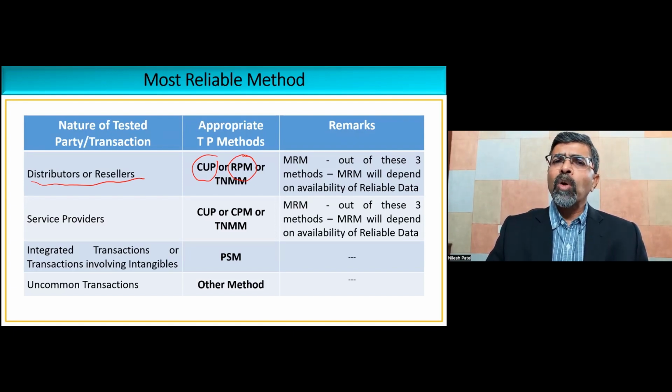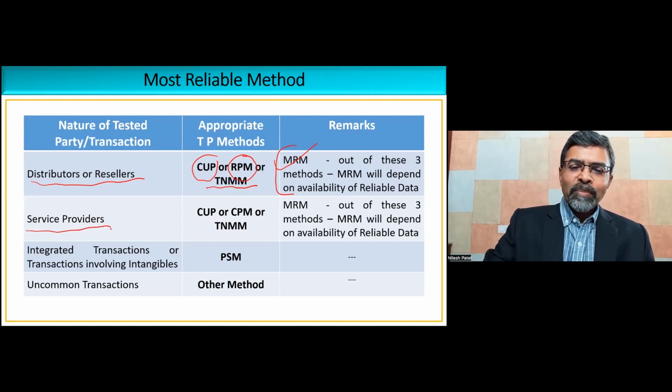And if data of gross profit is also not available, you will have to apply TNMM because data of net profit is available in most of the cases. So accordingly, you have to select the most reliable method out of these three methods based on availability of reliable data of uncontrolled comparables, reliable data of price or gross profit or net profit.